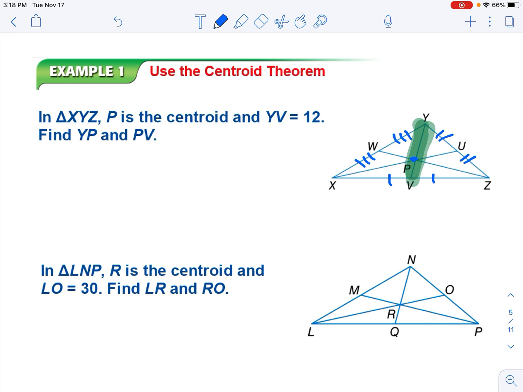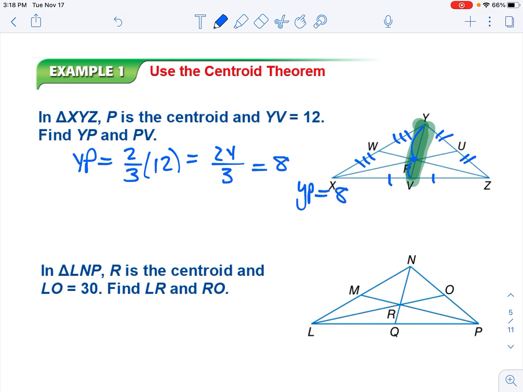Then we want to find YP and PV. So if we know the whole thing is 12, we can set up our equation. YP is equal to 2/3 the whole thing, 12, and solve. So we get 24/3 is equal to 8, so YP equals 8.